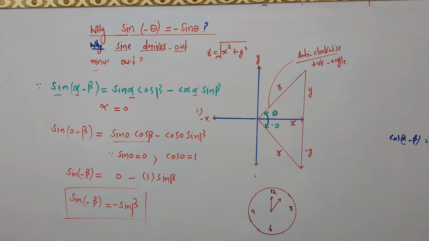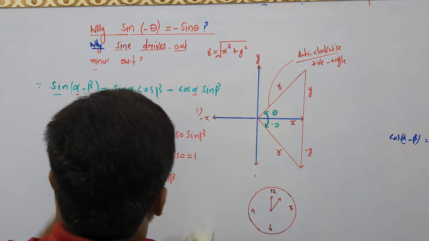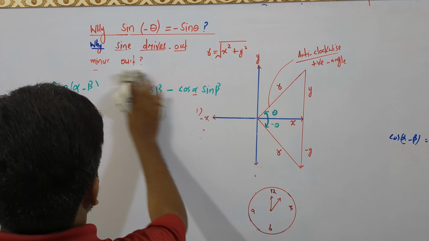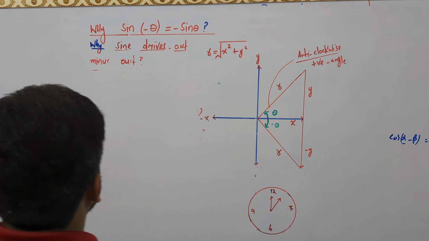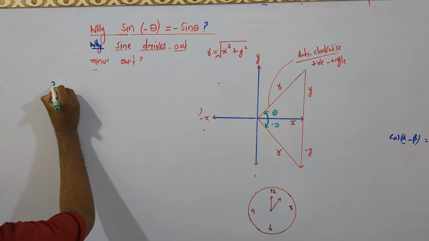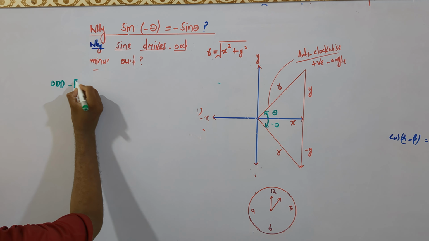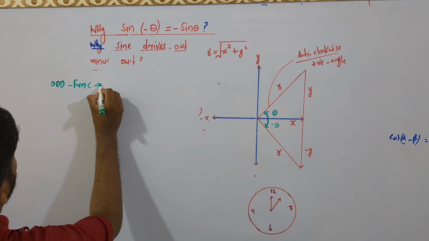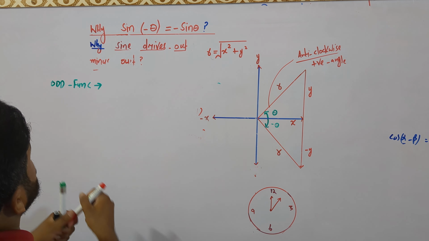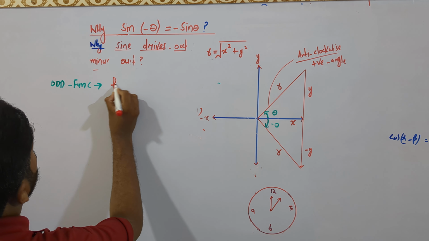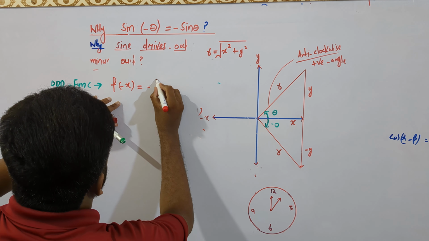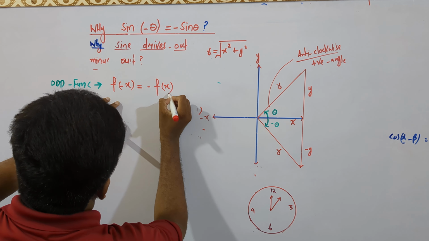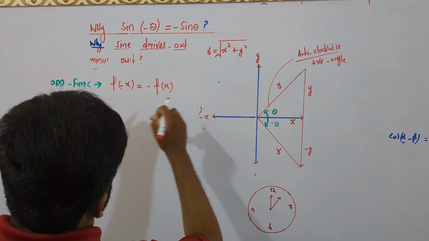Now we come to the third explanation, which is from odd functions. What are odd functions? If f of minus x is equal to minus f of x, it simply means that this function is an odd function.